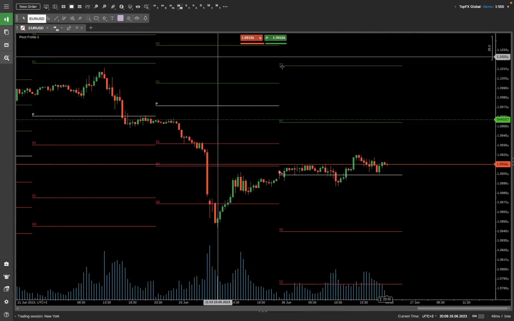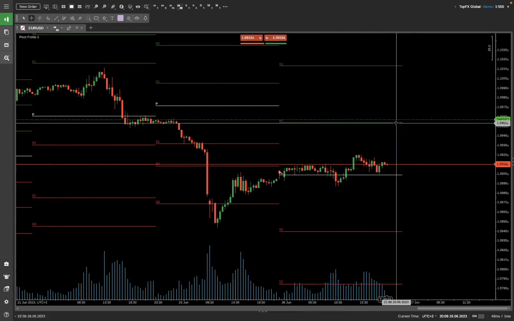Because this indicator is automated, don't bother calculating the pivots manually. Of course, there is a special formula, there's mathematics, you can calculate it, but if you have the indicator and the levels are automatically shown, don't bother calculating it.